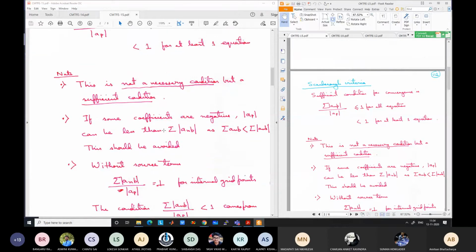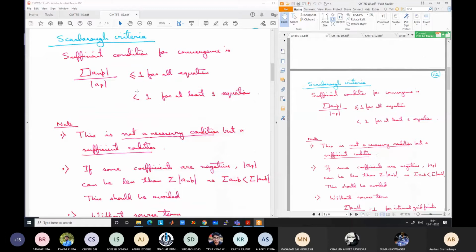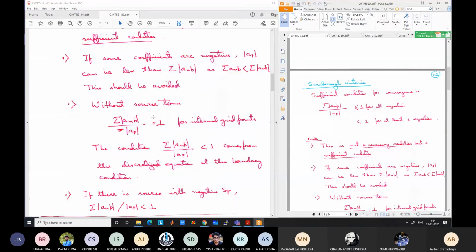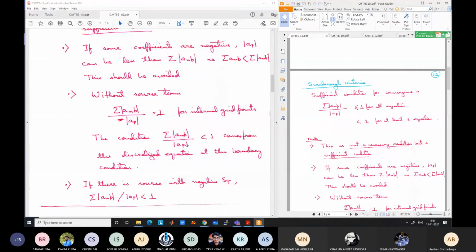So this condition is satisfied, but we need at least one equation which is less than 1, and that type of condition comes from the discretized equations at the boundary conditions. In practice we do not check for this when we actually solve a practical problem, and in some cases what may happen is that, unfortunately, if luck is good, the solution will converge.